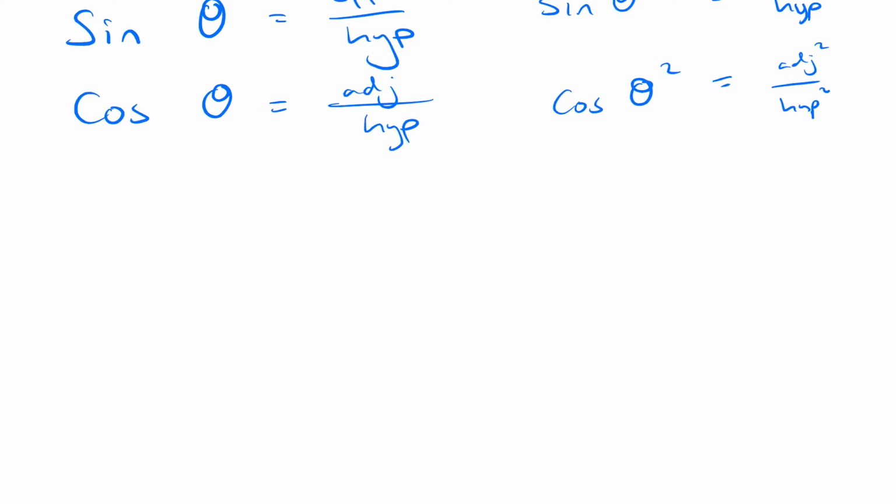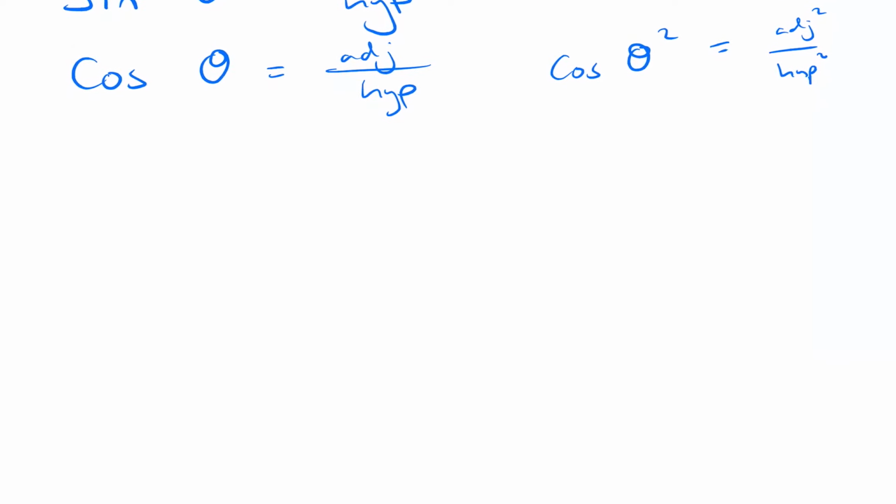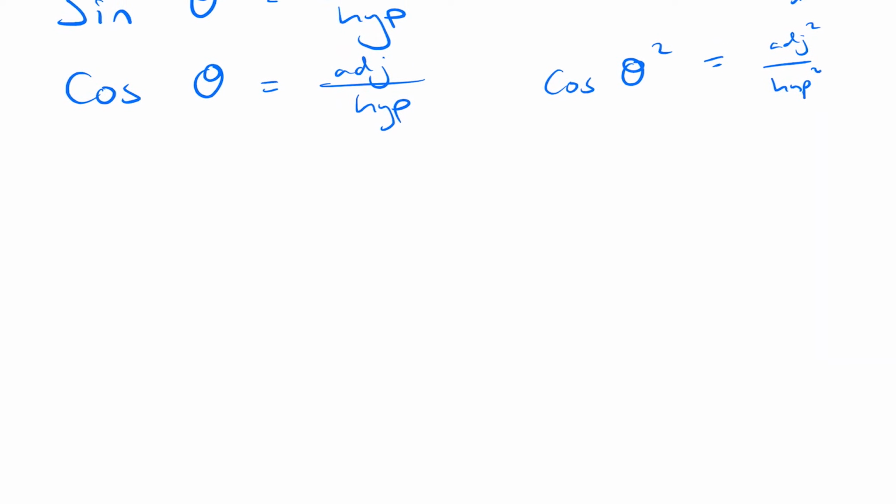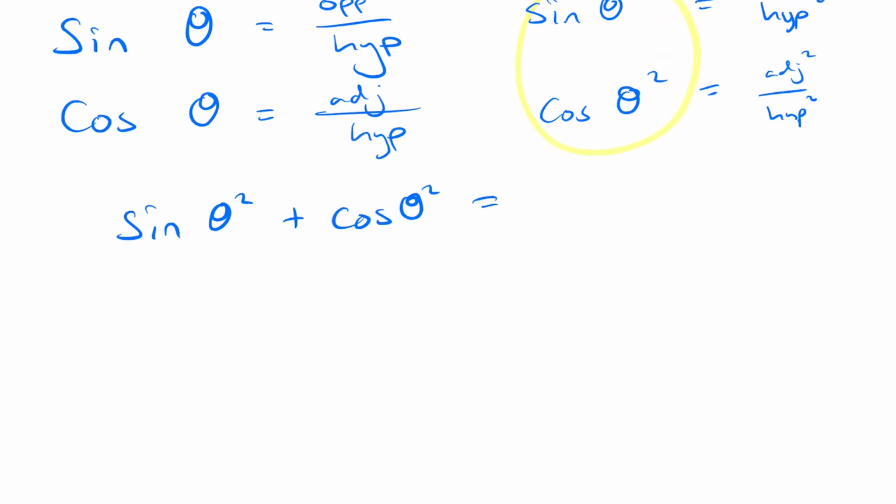So remember Pythagoras' theorem, right? So what would happen now if we added these two together? So for example, do this: sine of theta squared plus cosine of theta squared. And what does it equal? Well, you're basically just taking these two and adding them together.